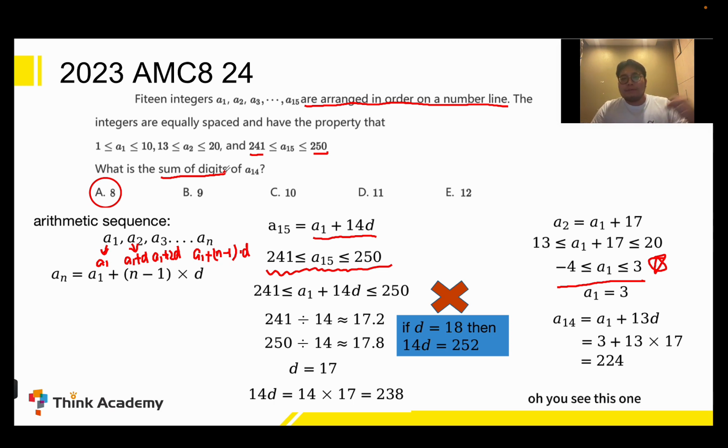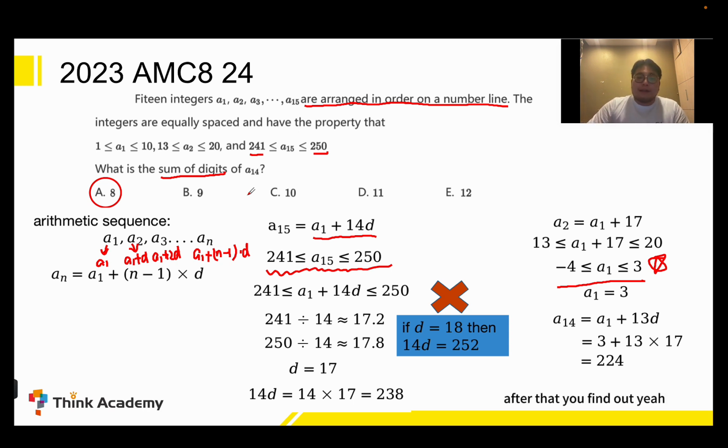You see this one? Maybe it's very hard for you because they just tell you the ranges of a1, a2, and a15. So how can you do it? You first recall the special properties of an arithmetic sequence, then use a1 and d to represent a15 and find the range.